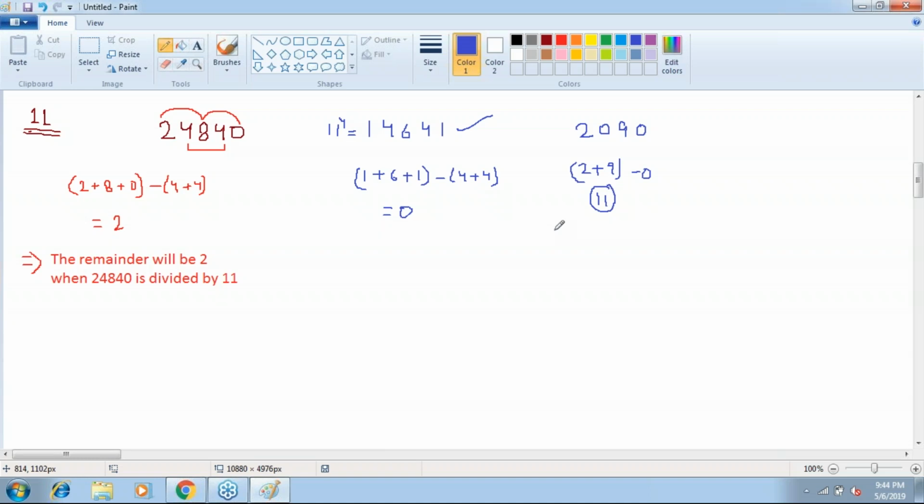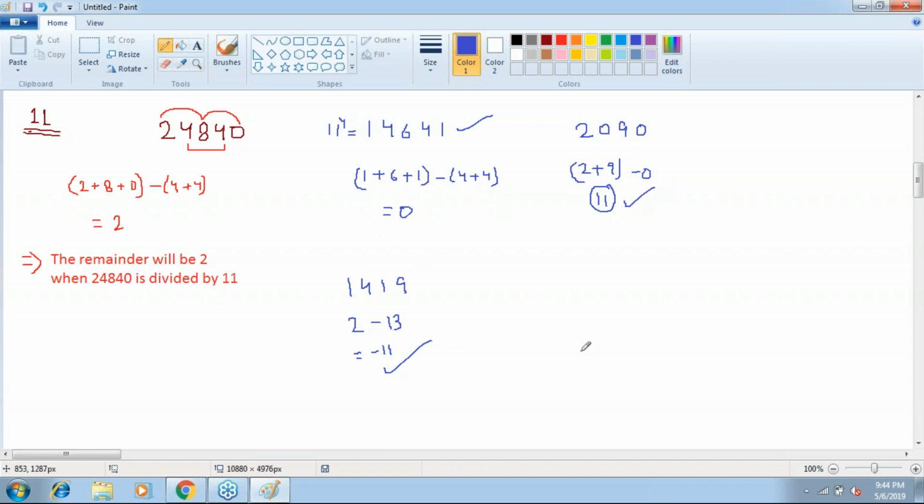Okay, let's take one more example. 1, 4, 1, 9, 2. I got minus 11. In this case also the number is divisible by 11.